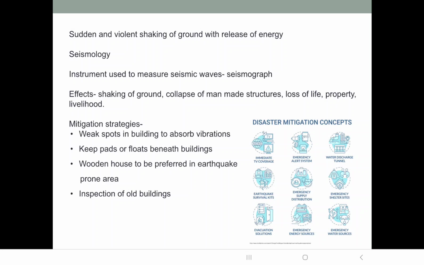Now, those who have been saved have to be given emergency shelter sites. That means there has to be provision made for homes for these people. So all of these are the disaster mitigation concepts in relation to earthquakes.